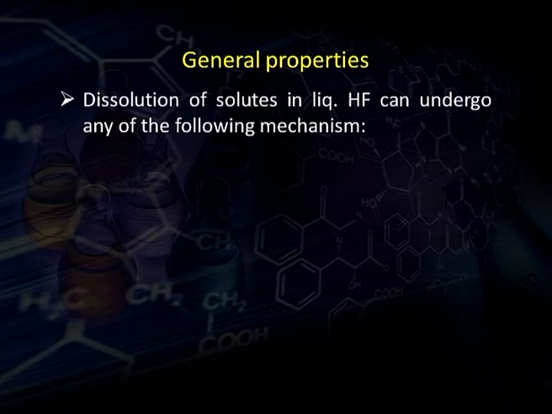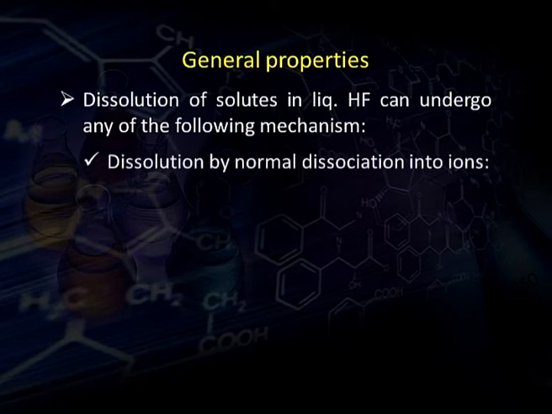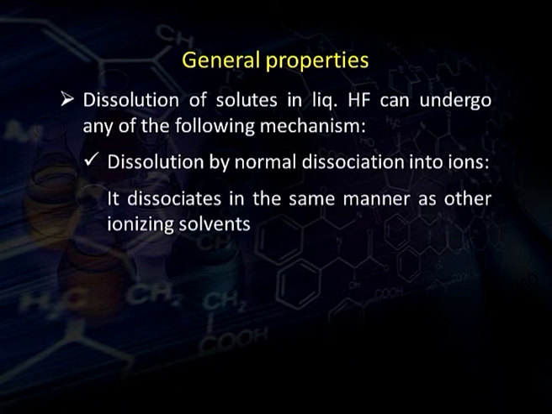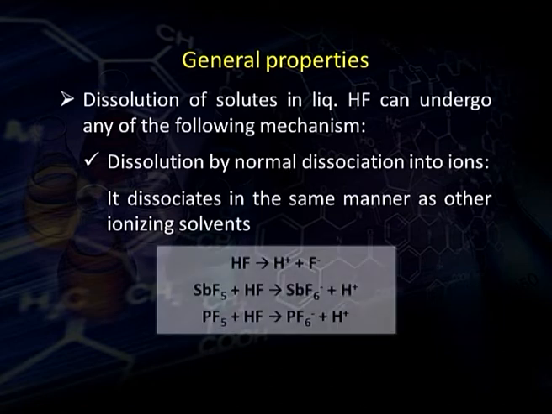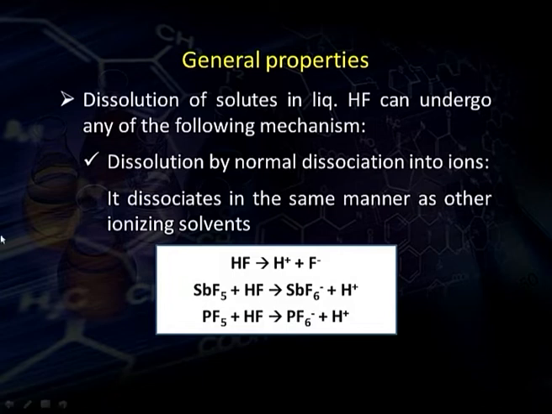Dissolution of solutes in liquid HF can undergo any of the following mechanisms. Dissolution by normal dissociation into ions. It dissociates in the same manner as other ionizing solvents, like for example water or liquid ammonia. So, here we have the example hydrogen fluoride HF, it dissociates to give H+ plus F-. So, we have SbF5 here.